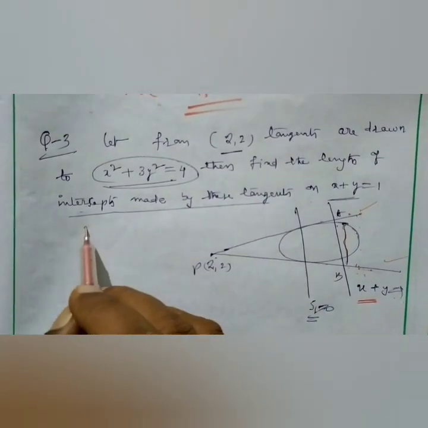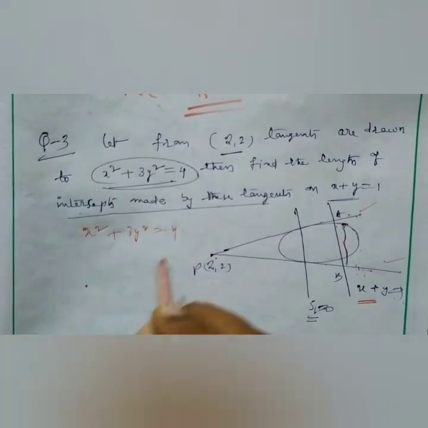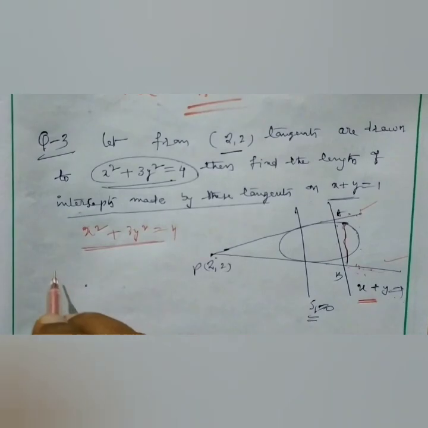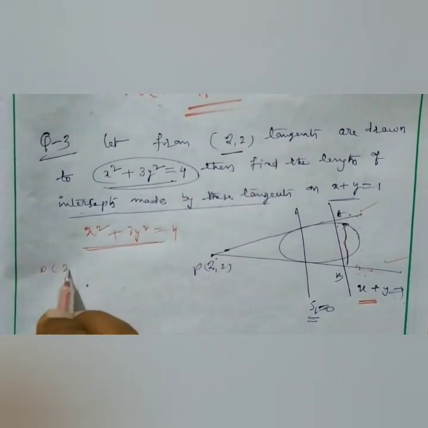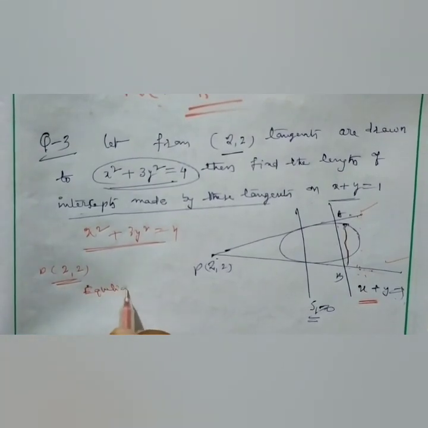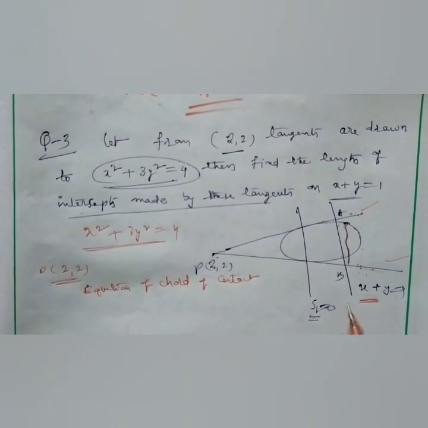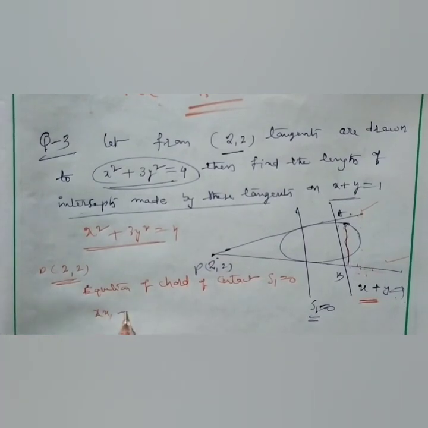The given curve is x square plus 3y square is equal to 4. This is the conic. Point P is (2, 2). So the equation of the chord of contact is S1 is equal to 0. That is xx1 plus 3 into yy1 minus 4 is equal to 0.